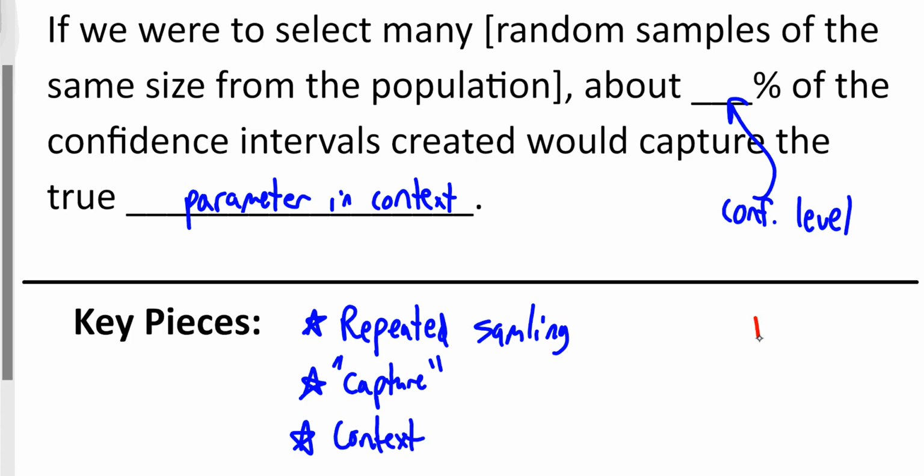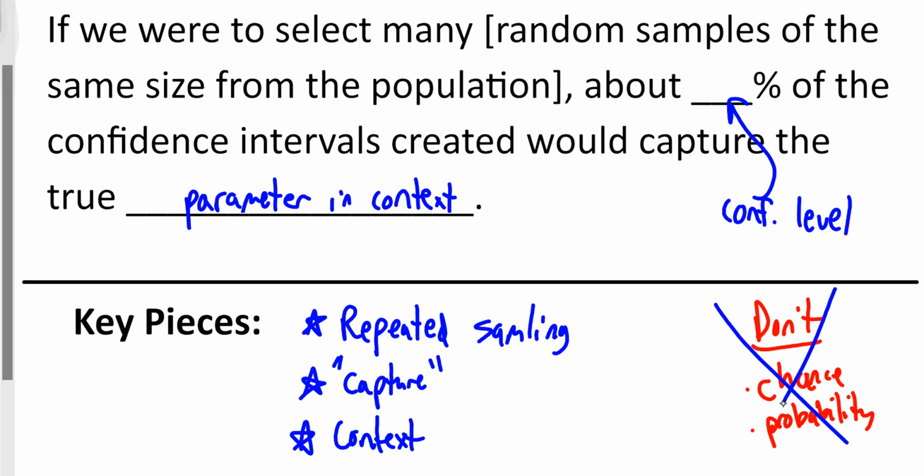I do want to make note, it's frowned upon to use certain things like chance or probability. Those two things are frowned upon when using this, because we're saying with confidence it's going to capture this. We're not going to say there's a chance. So don't use those. Use the little detail that I gave you here.